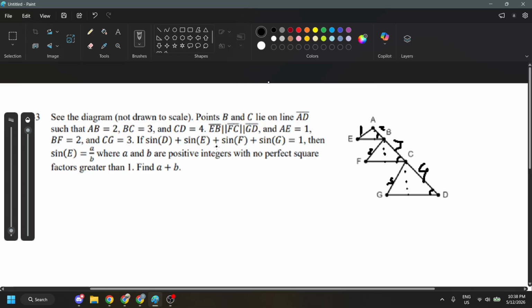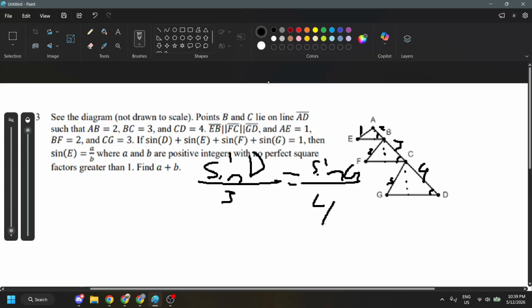We know that sine of D over 3 is equal to sine of G over 4.